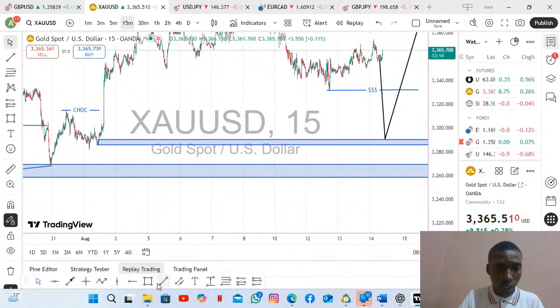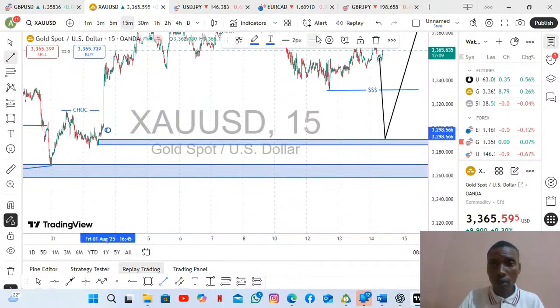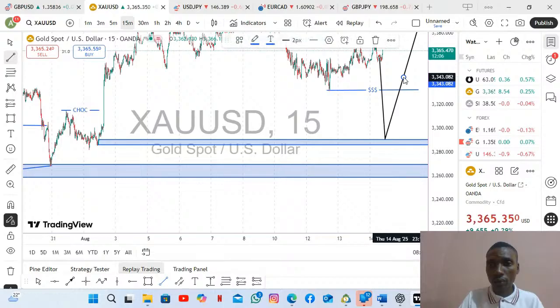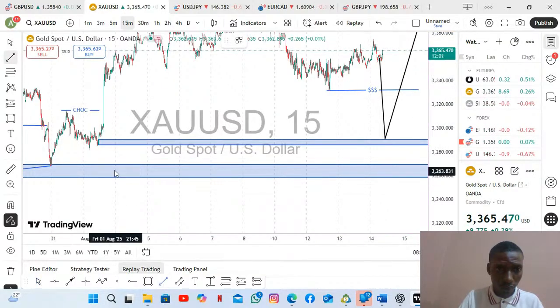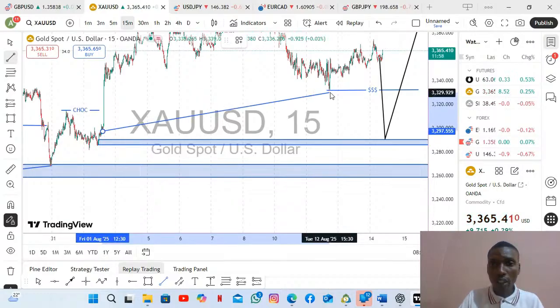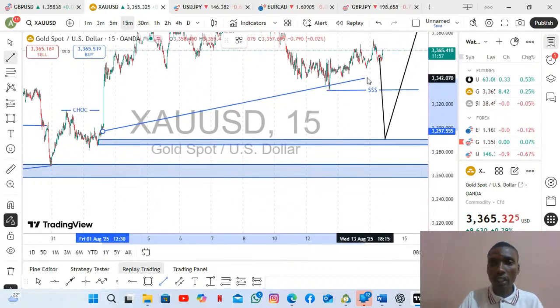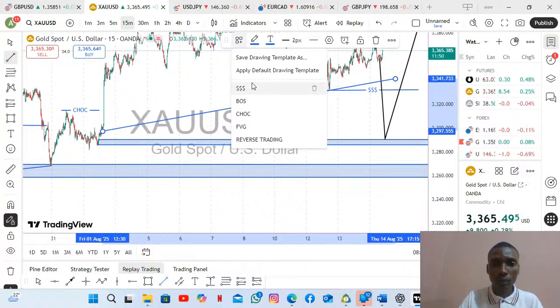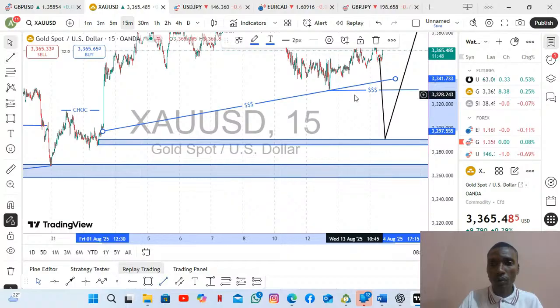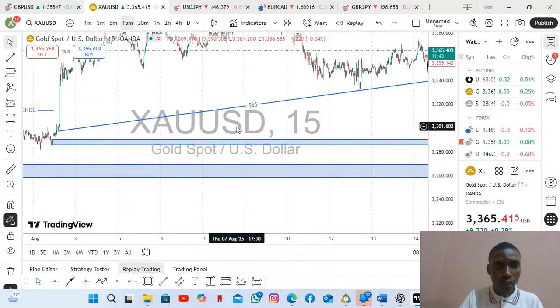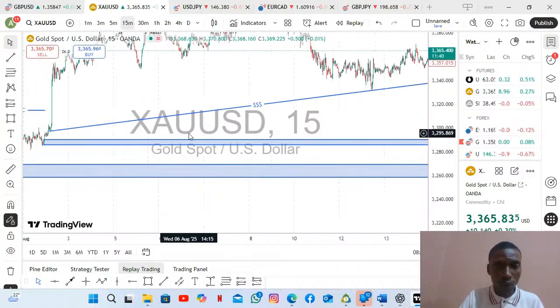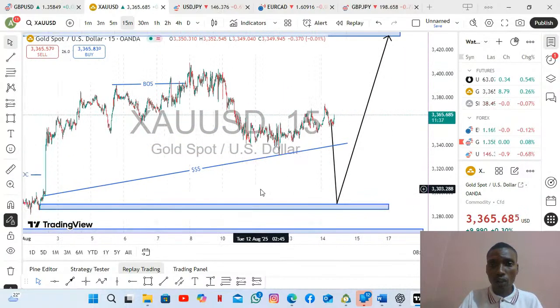If I were to draw it well, let this serve as our liquidity. Anyway, I will remove that one. So you see, in 15 minutes, this is what we are looking at for gold.